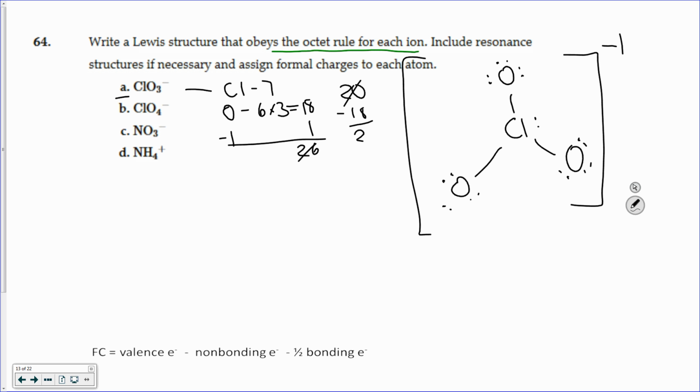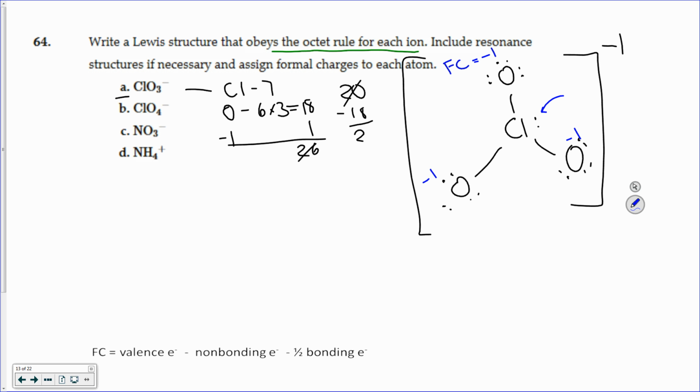But that's not the bonding pattern I typically like to see, because usually oxygen doesn't want to be in this way. So it tells us to do the formal charges. So let's do the formal charges to see if this is going to be a preferred one. The formal charge on this one, we've calculated this one already, it's a -1. So oxygen single bonded with 6 electrons around it is -1. So all of these are -1, -1, -1. So let's figure out what it is on this chlorine.